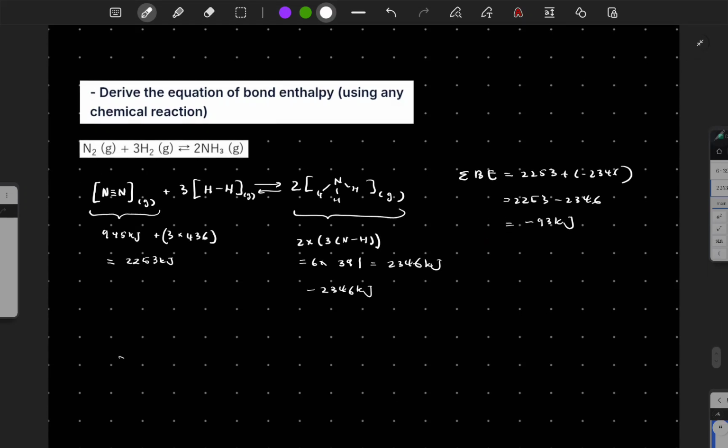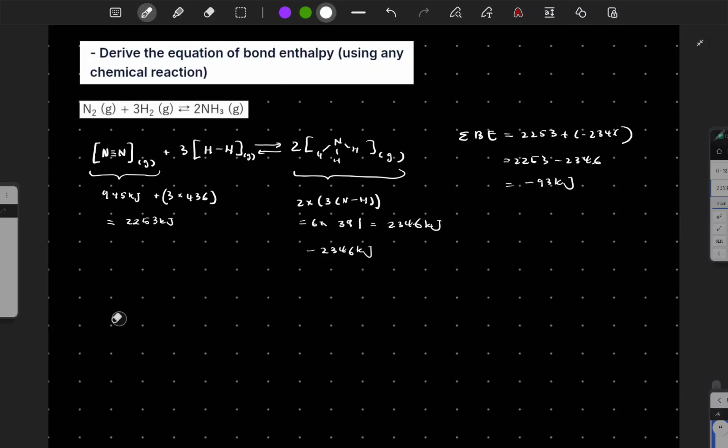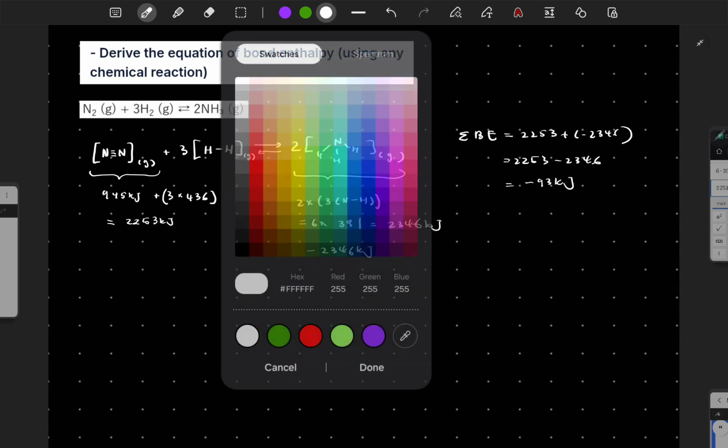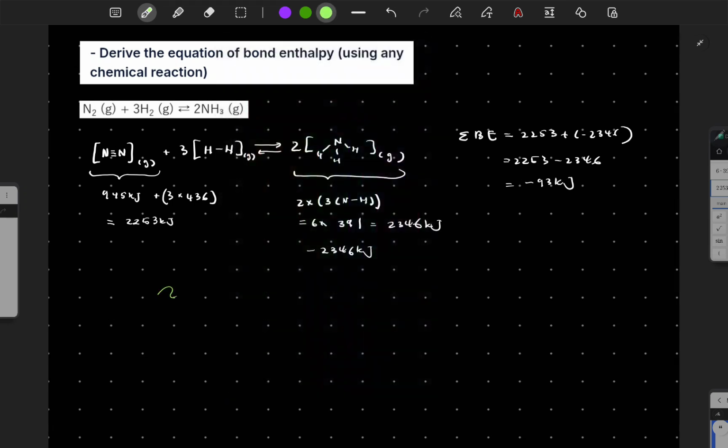But now this gives us the general gist of the equation. Basically, what we did was that we broke all the bonds, so we put in energy, and then we put all the bonds together, so we release energy. So that means that the net bond enthalpy of a reaction, let's write it in a more vibrant color just to stand out, is equivalent to the total bond enthalpy of reactants, because we have to break them, adding the negative summation of bond enthalpy of the products, since it's always positive.